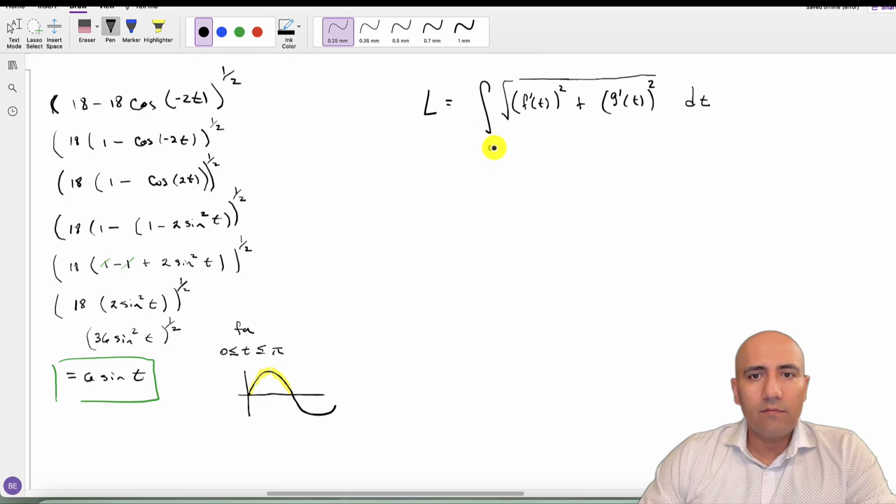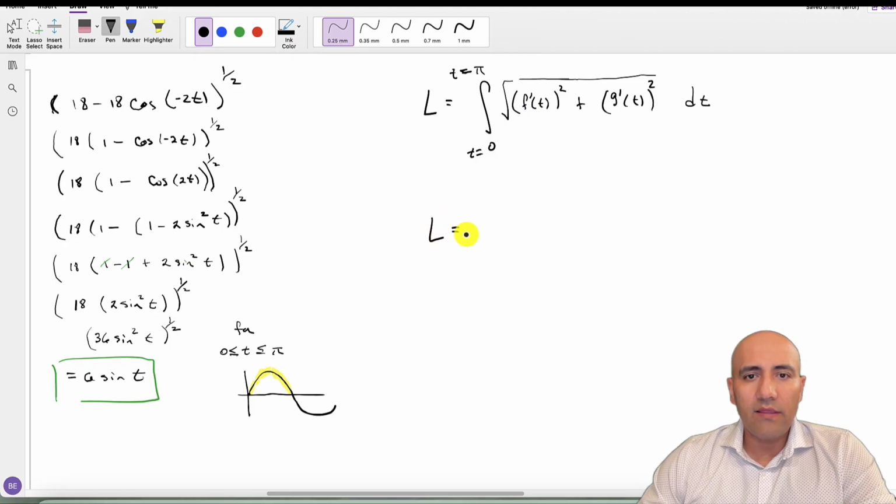And this is from 0 to pi. This is as t goes from 0 to t goes to pi. Okay, so all of this over here is this root. So this integral is going to simplify quite a bit. This is just going to become that the length L is the integral from 0 to pi on 6 sine of t dt, right? All of this is this guy, 6 sine t.